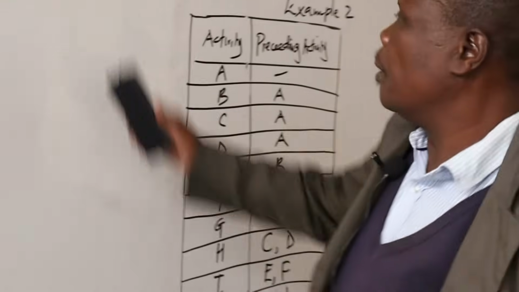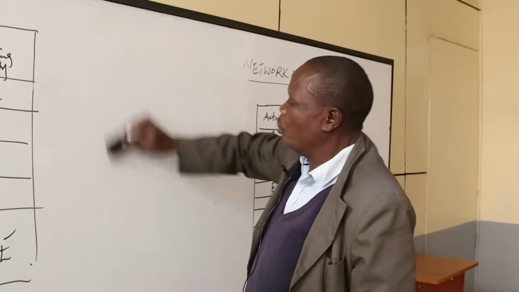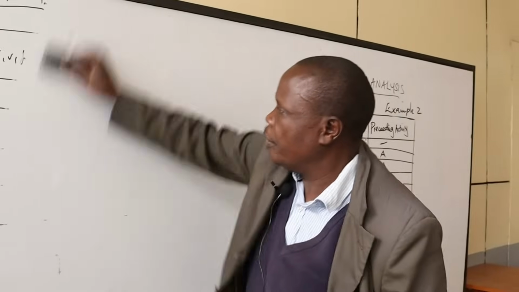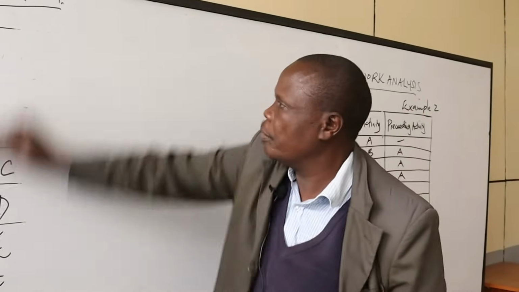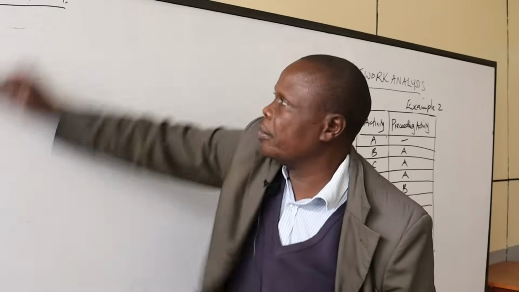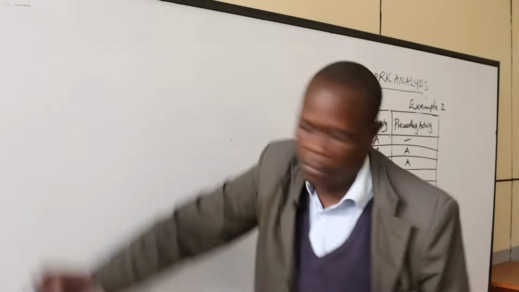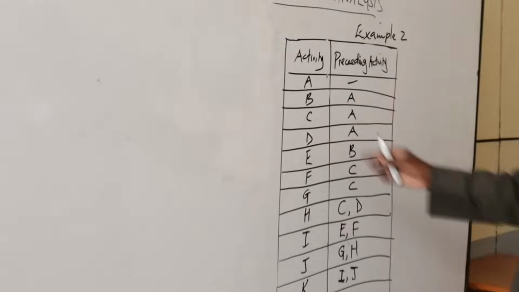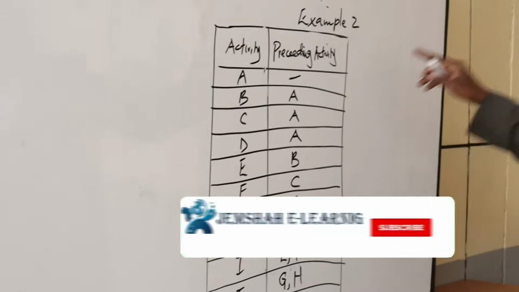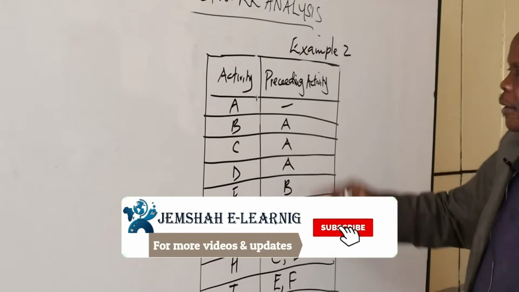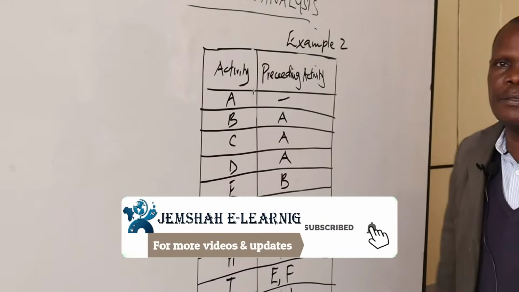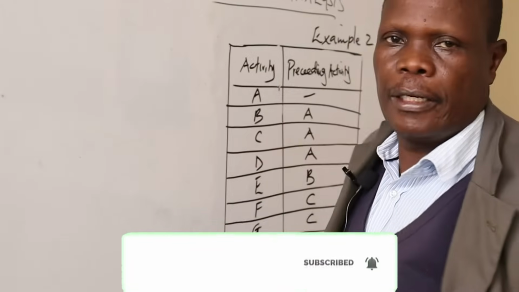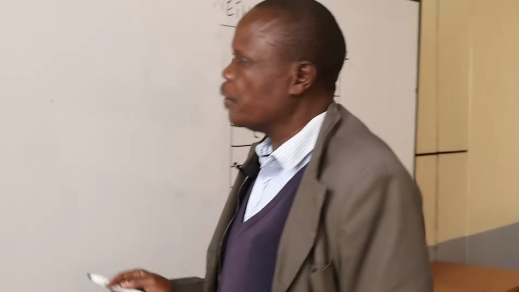Let us see how to draw the network diagram for that project. Activity A has preceding activities dash, which means activity A is the first to occur in that project.